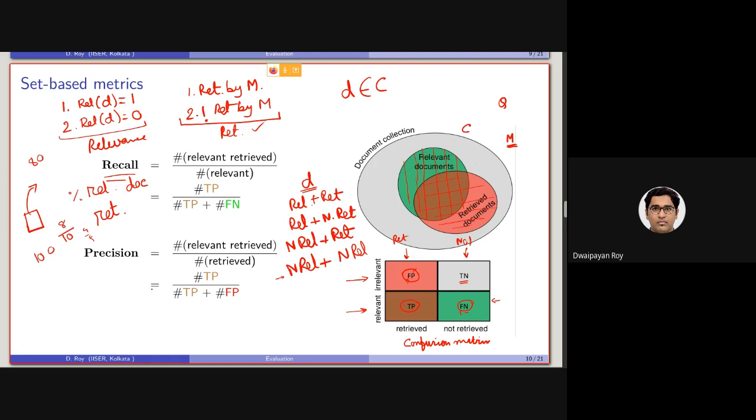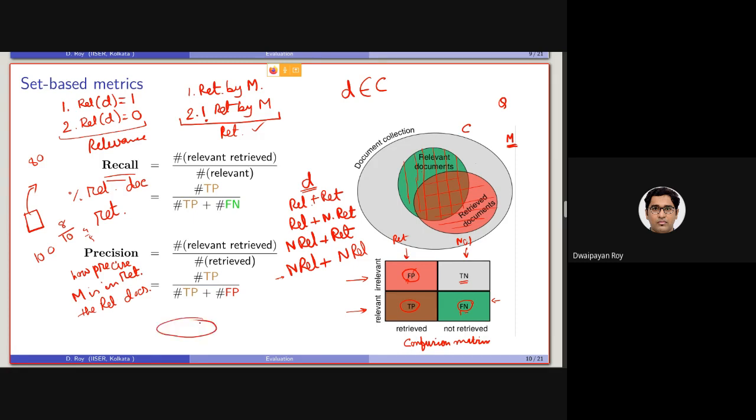Similarly, precision is basically how precise the retrieval system M is at retrieving the relevant documents. Let's say M is retrieving this many documents.